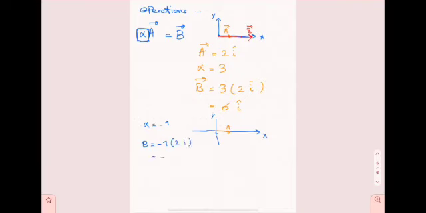So B is -2 i hat. So the vector B has a magnitude twice that of A, but the direction is in the negative direction. So I can sketch it like this. So it's here, here, to here. So it's twice, but in the other direction. Easy.